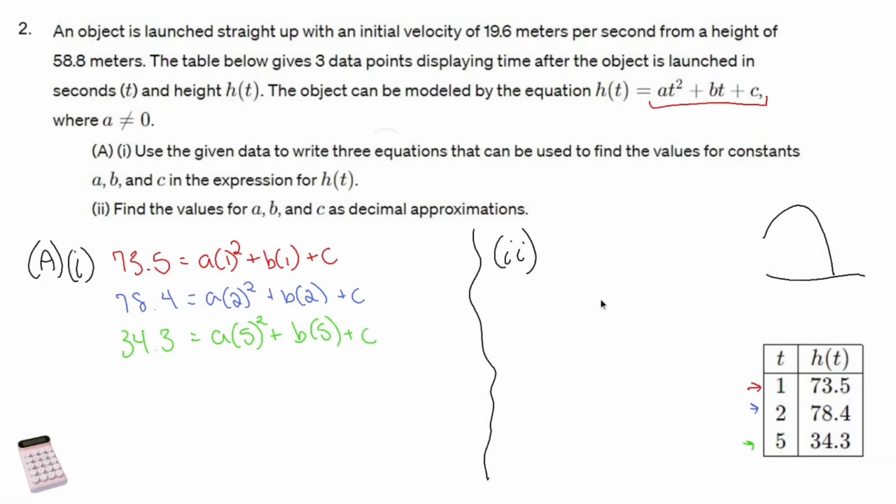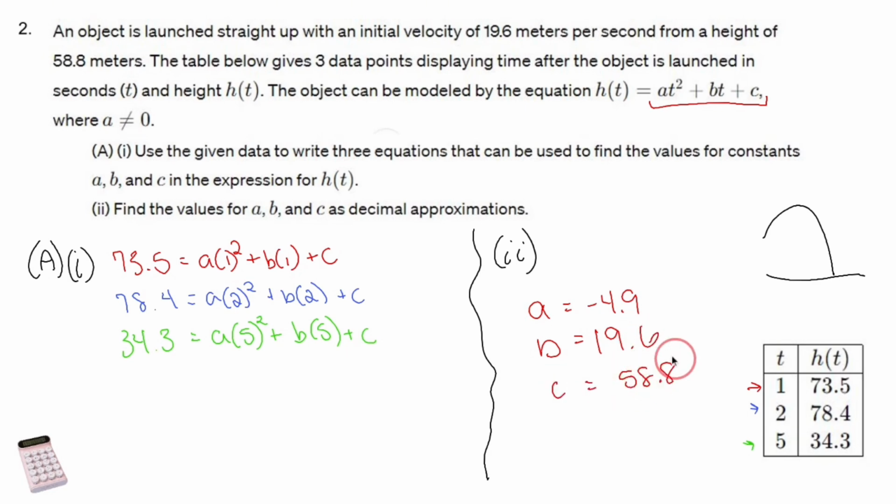All right, so using quad reg, we were given A equals negative 4.9, B equals 19.6, and C equals 58.8.